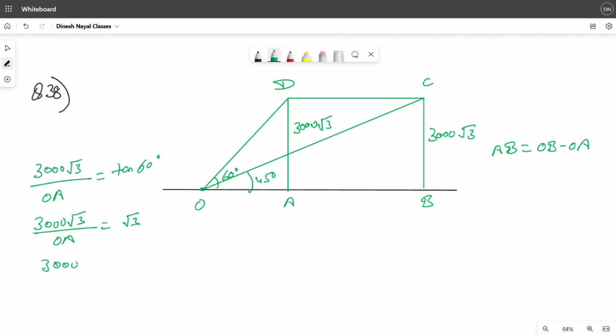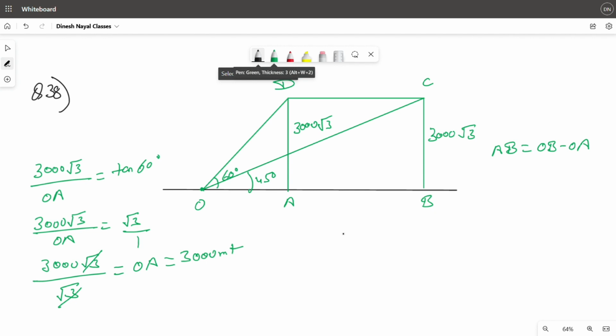Now cross multiplying, 3000√3 divided by √3 equals OA. √3 gets cancelled. So OA is 3000 meters.